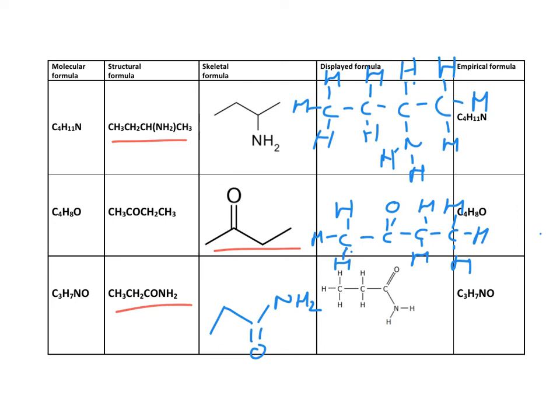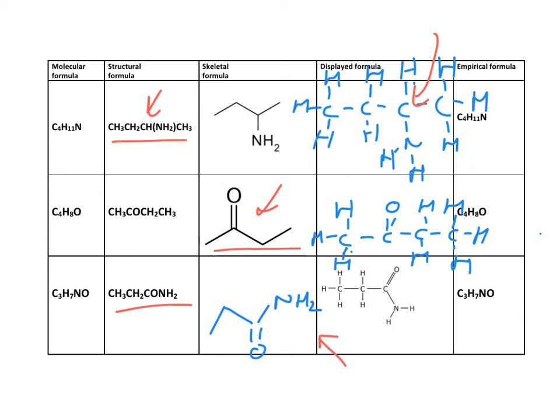You've got your NH2 group coming off your carbon in the middle of the chain, which is, of course, that carbon there. You've got your nice ketone there, propanone. And finally, you've got your amide in your column there.